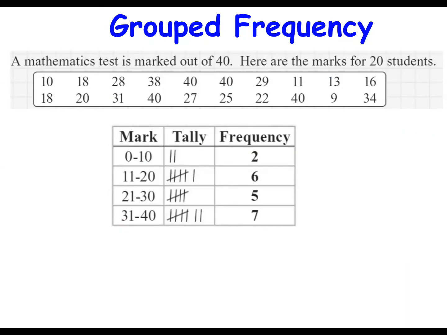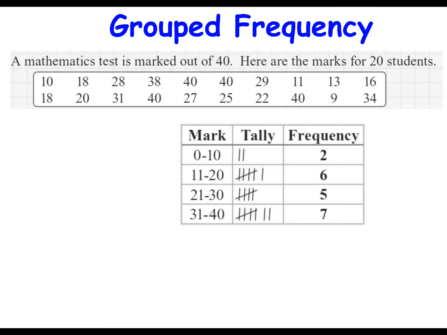Now, sometimes when you're collecting the data and creating your tally, it's probably better to group the things that you're trying to collect. So here we've got some marks in a test out of 40. And don't worry, they're not the results for your skills tests.